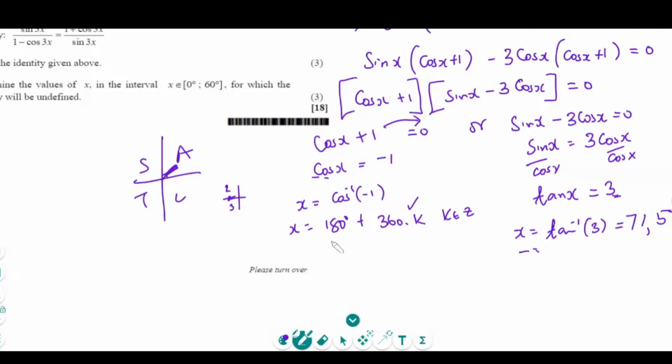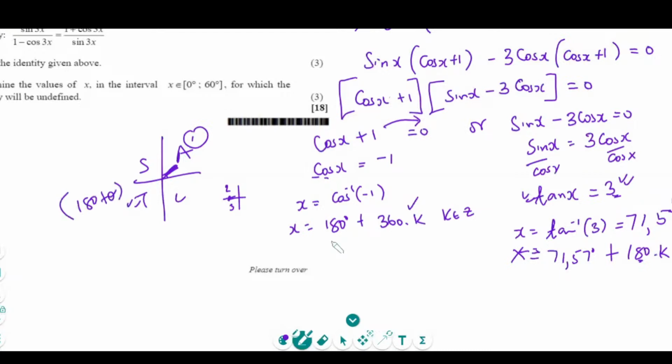So that's going to be x is equal to 71,57 plus 180 times k. K is a set of integers. We're using 180 because the period of a tan graph is 180. So this is quadrant number 1, where tan is positive, and then the other quadrant is quadrant number 3, which is 180 plus theta.